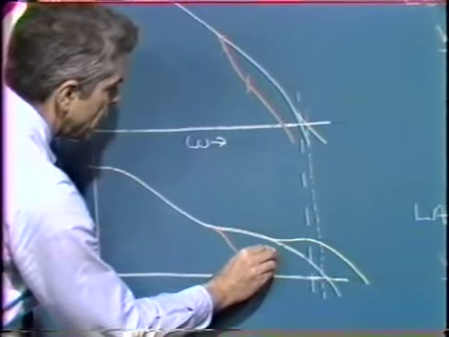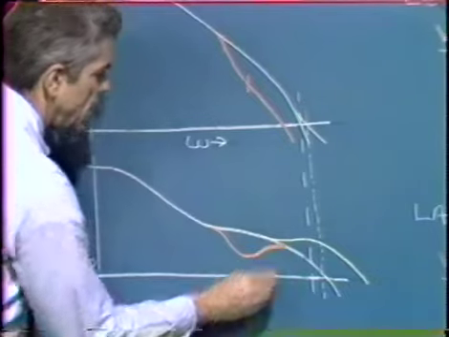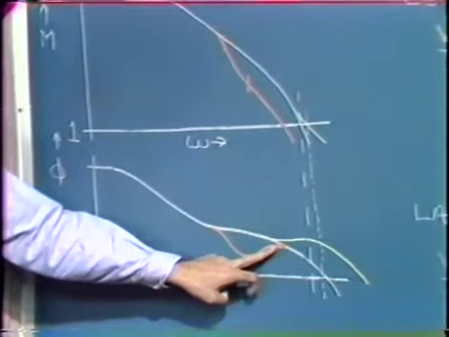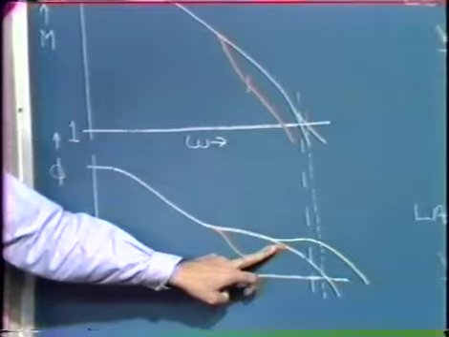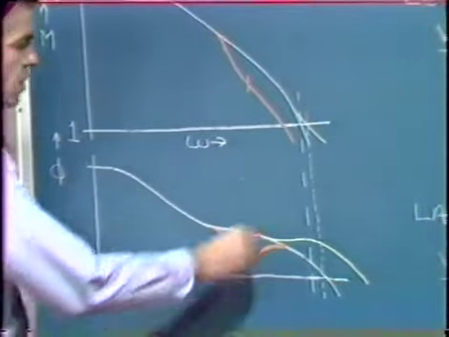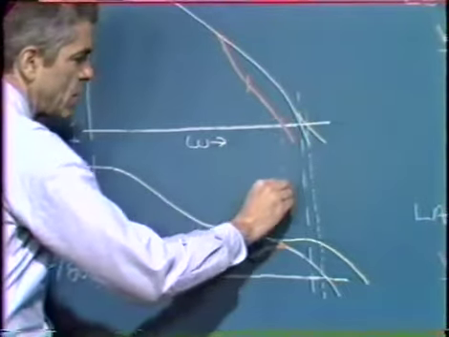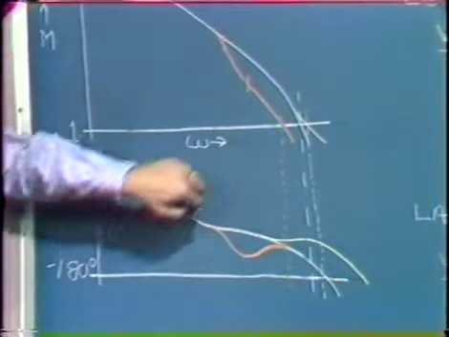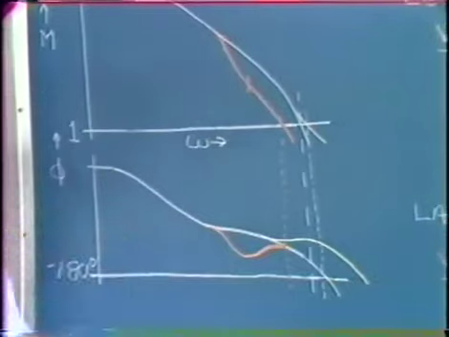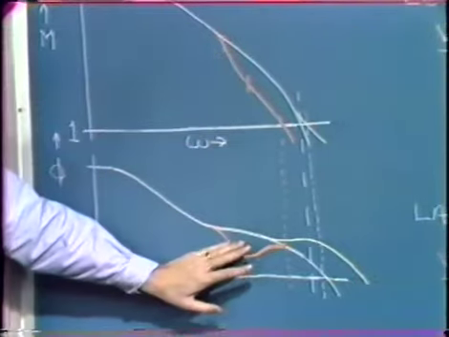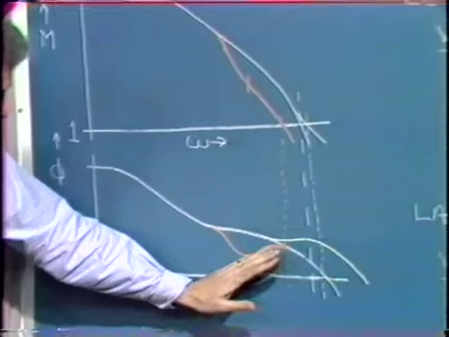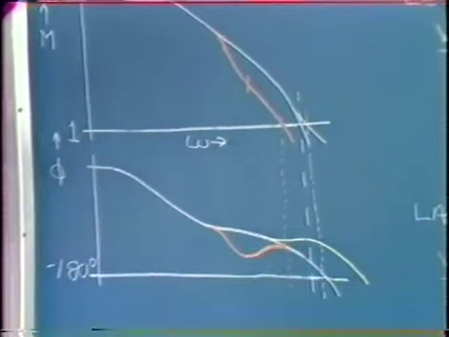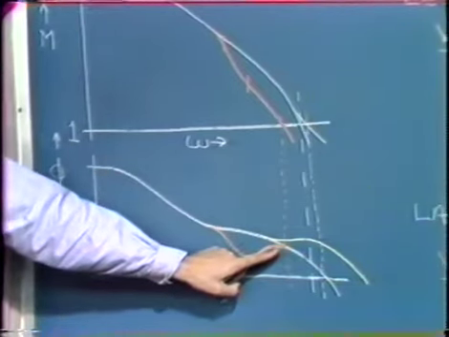But the hope is that we locate the lag network so that the angle has very nearly returned to its uncompensated value before crossover. Notice that with the lag network, we've lowered crossover back to this frequency. And if we can locate the lag network at a low enough frequency, we can ensure that the residual negative phase shift associated with the lag network has become very small.